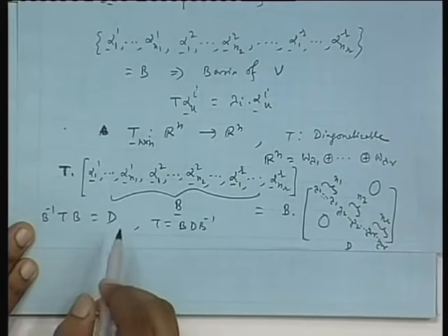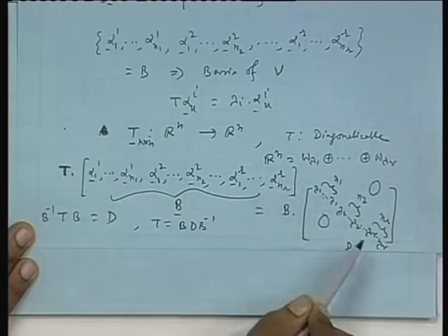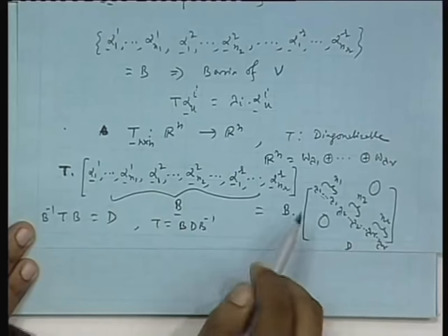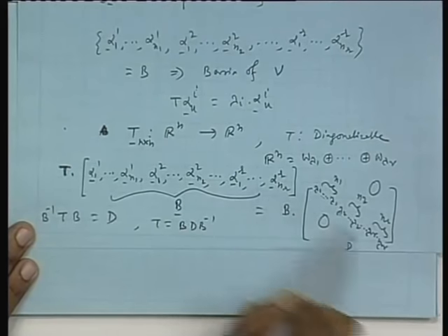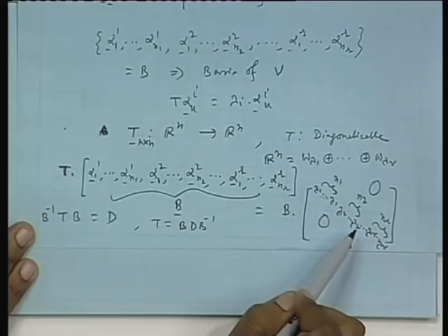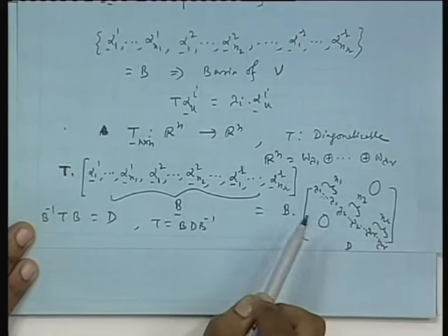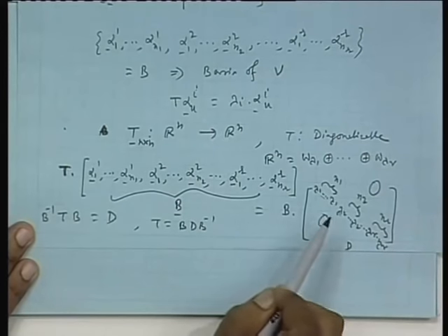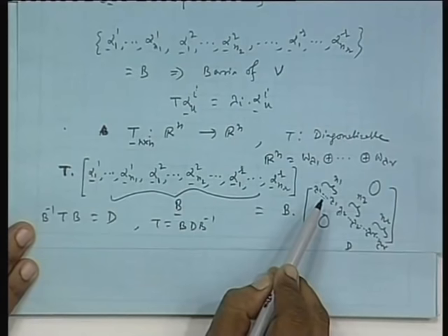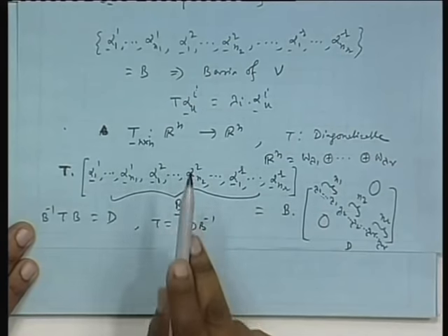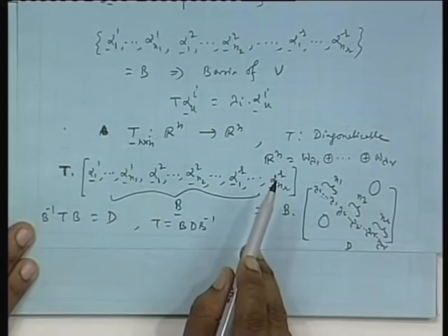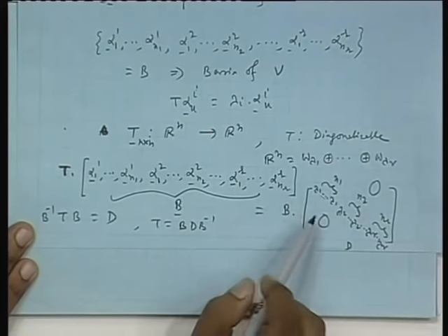The diagonal matrix D consists of only diagonal entries, not necessarily non-zero, some eigenvalues could be 0 also, and the diagonal entries correspond to the eigenvalues of T. Each eigenvalue, lambda 1 occurs n1 times, where n1 is the dimension of W lambda 1, lambda 2 occurs n2 times, where n2 is the dimension of W lambda 2, and so on.